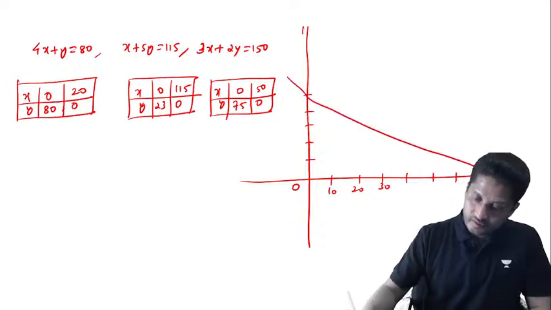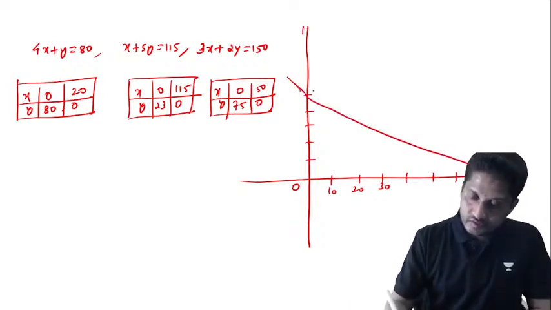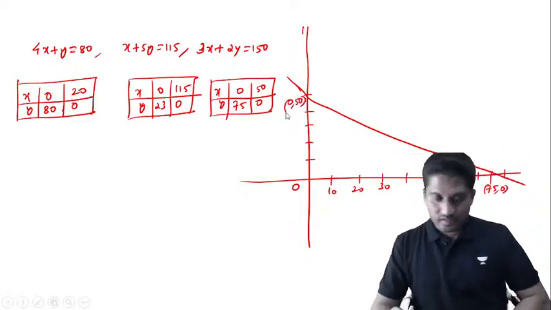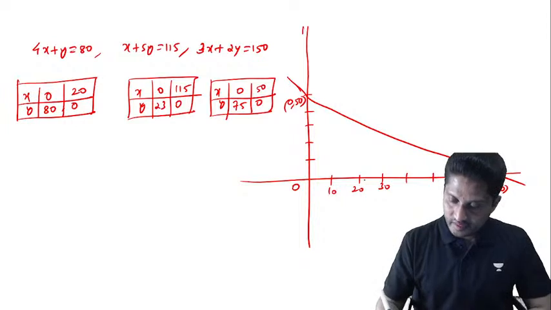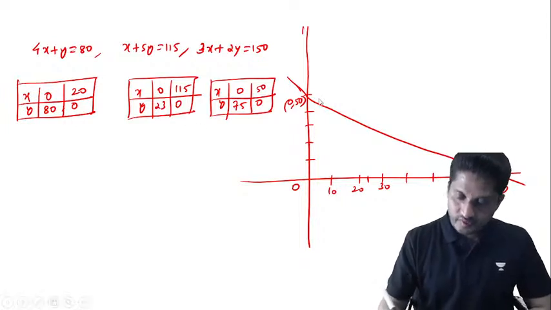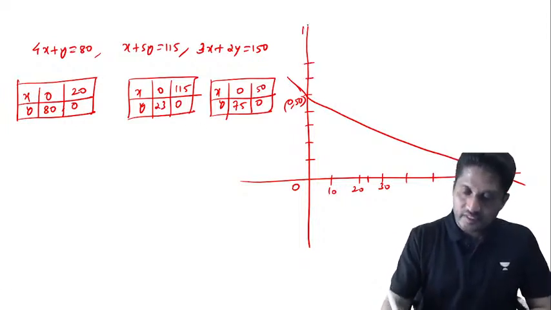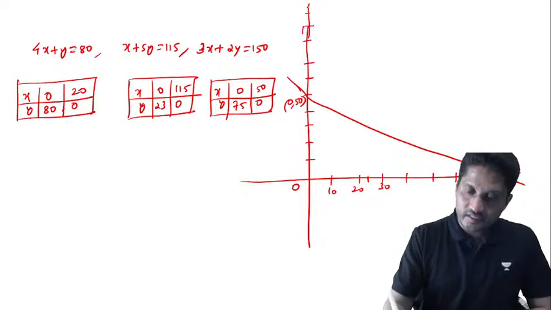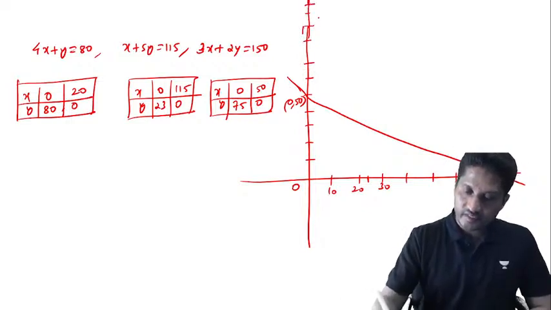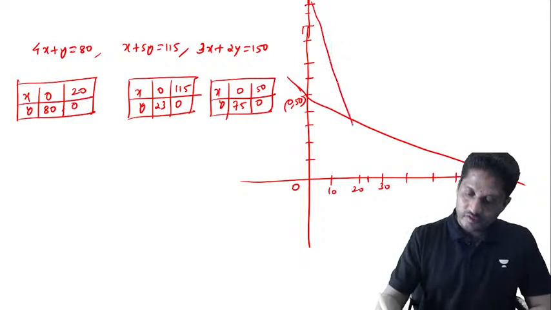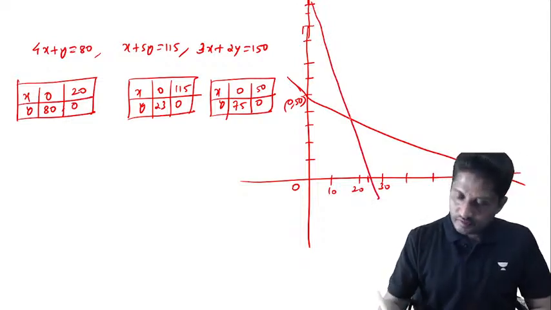I'm going to join this. And then next comes 23, x is 23, y is 115, somewhere 115 here. I'm going to join this. If you solve these two, you will get the point of intersection as 15 comma 20.